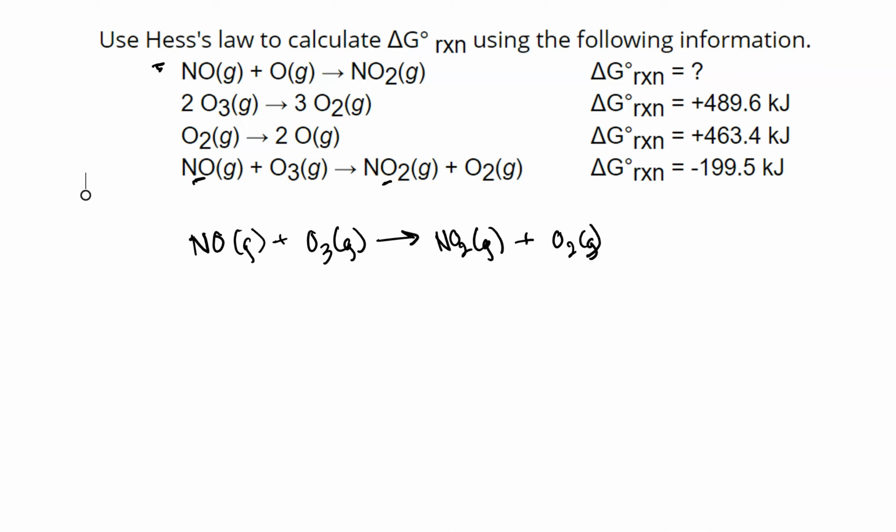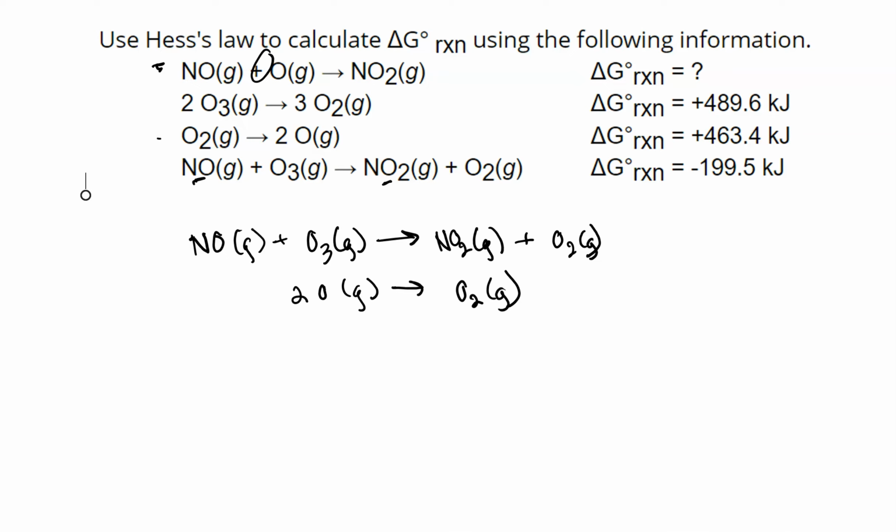And what I'm going to do is rewrite this second equation backwards. And so instead of O2 goes to two oxygens, I'm going to say that we have two oxygens going to O2. Now right out the gate here, you're going to say, yeah, but Dr. McGill, there's a 1 there. There's not a 2. Well, we'll be able to deal with that in a second.